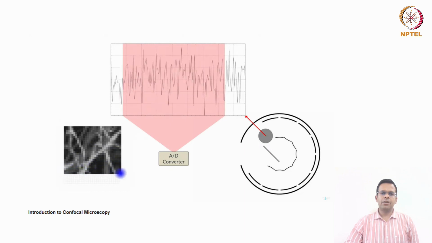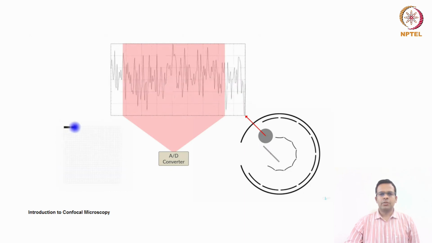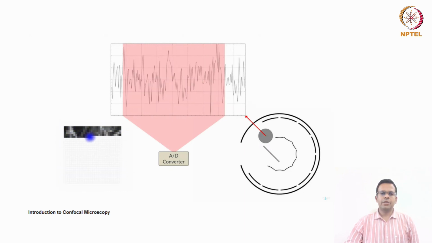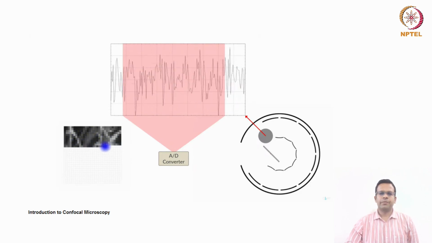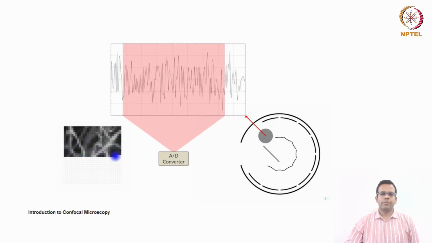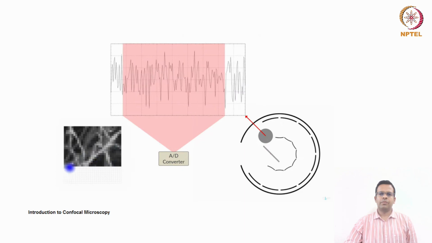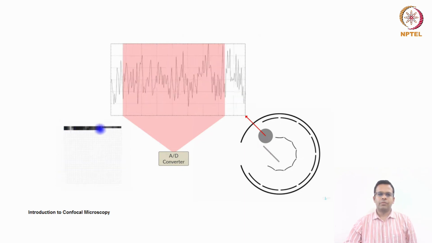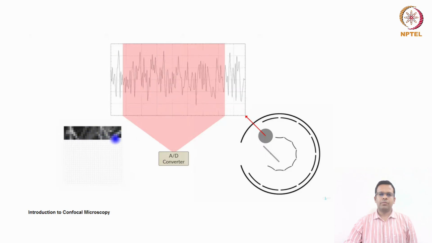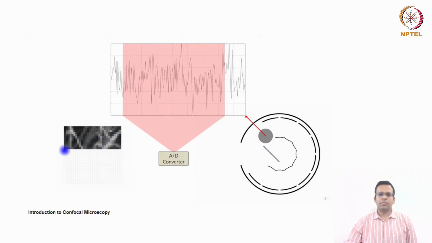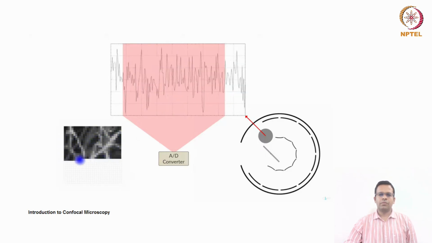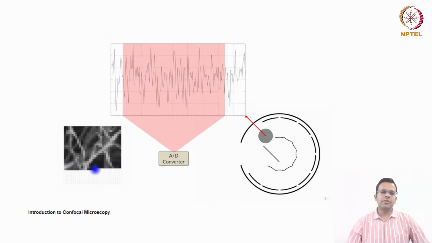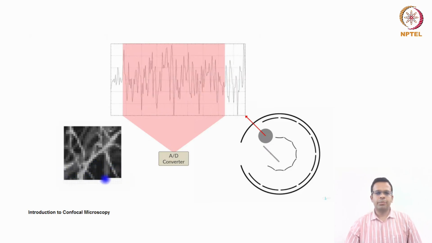So this is the analog to digital converter, which converts your electronic signal into a digital image. So this is how the image is formed under the confocal microscope.